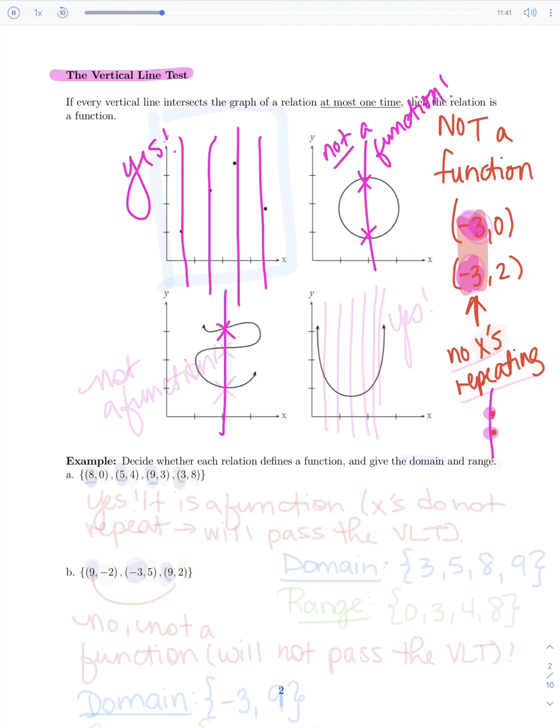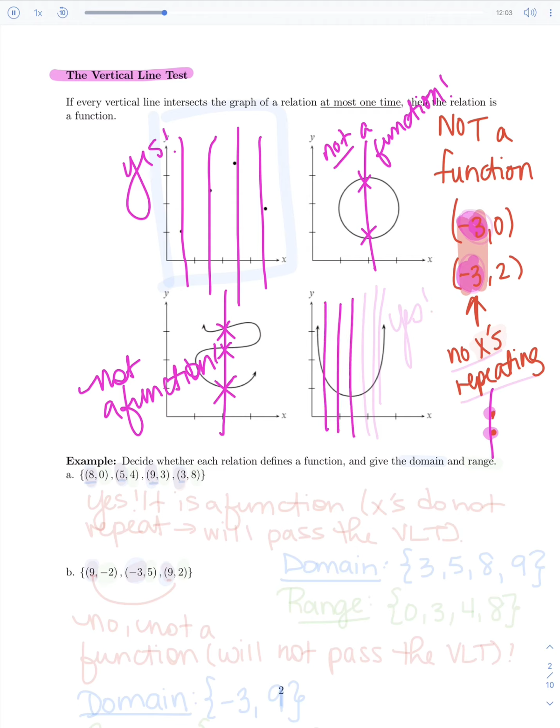It can actually hit a vertical line not once, not twice, but 3 times. So again, that is not a function because you have at least one vertical line hitting more than once. Actually, 3 times.